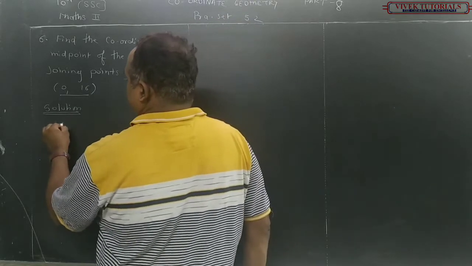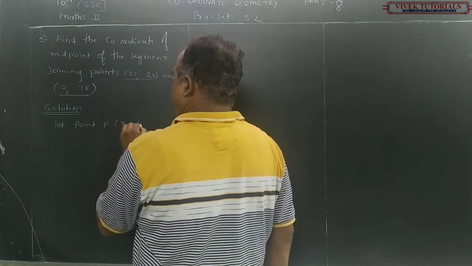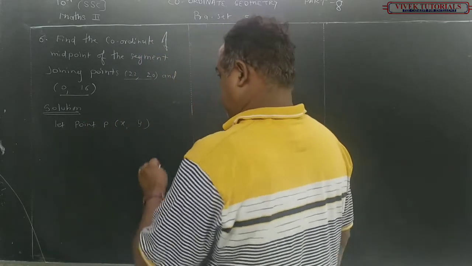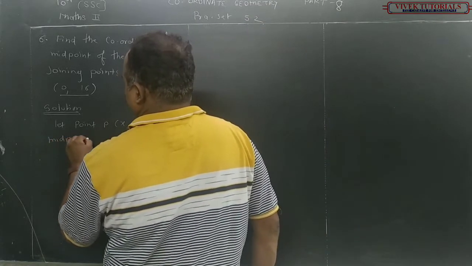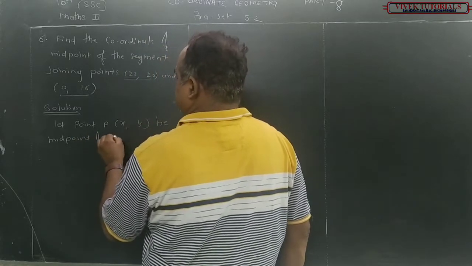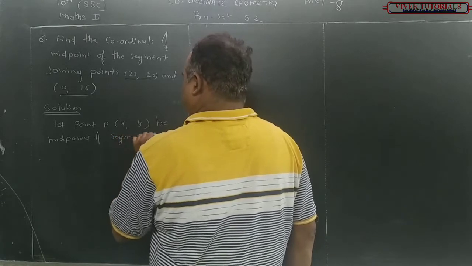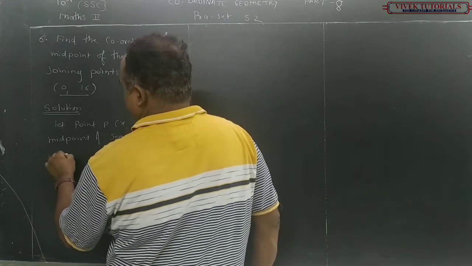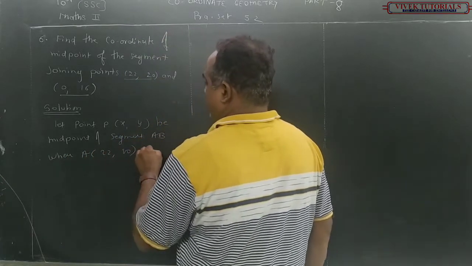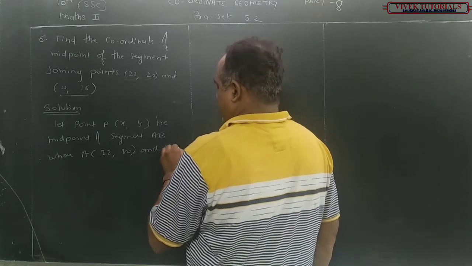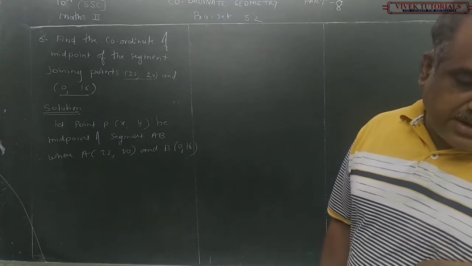Let point P(x, y) be the midpoint of segment AB, where A is (22, 20) and B is (0, 16).